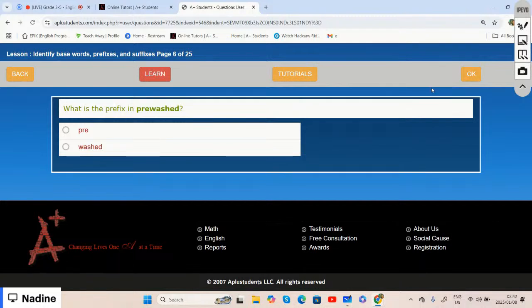What is the prefix of prewashed? Is it option one, pre, or option two, washed?